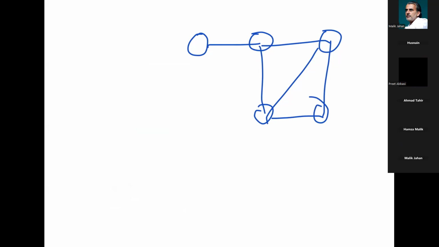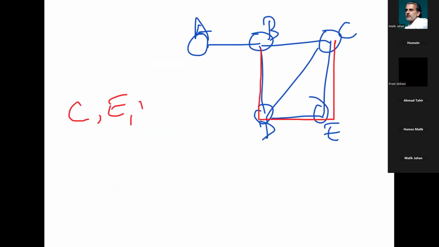Okay. So if I name these vertices A, B, C, D, E, our problem is that we are interested in a path from C to B. One possibility could be that I start from C, go to E, go to D, go to B. So C, E, D, and B is a path.